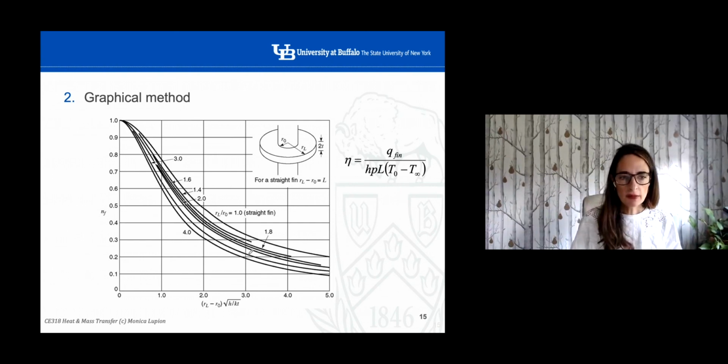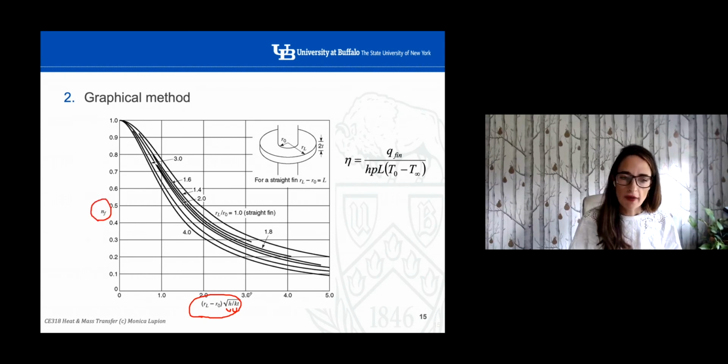So in this graphical method, what we have is the representation of this parameter here, which is a function of the radius, the convective coefficient H, and the thermal conductivity K, and the thickness of the fin, and this is represented here as a function of the fin efficiency.